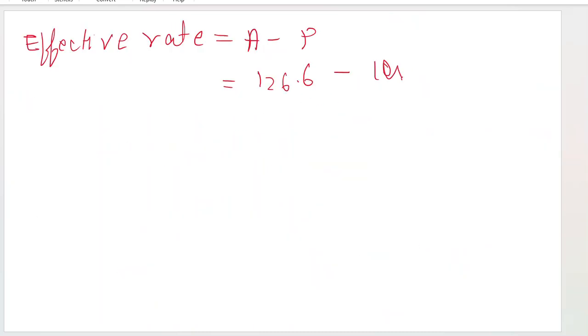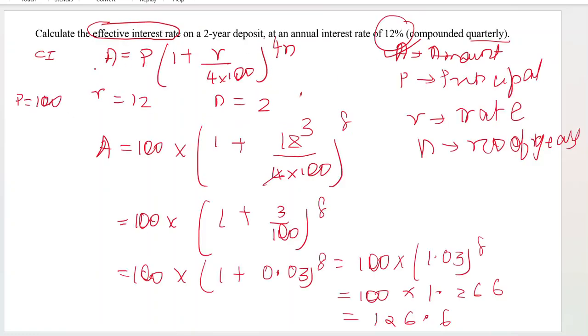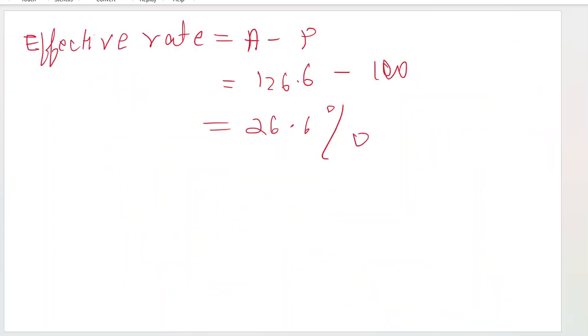So therefore, the effective rate is nothing but 26.6, and we write it as percent. This solves the problem. So basically, to find effective rate, we have to use the amount formula of compound interest, insert principal as 100 and find the amount. Then if I do amount minus principal, I get the effective rate.